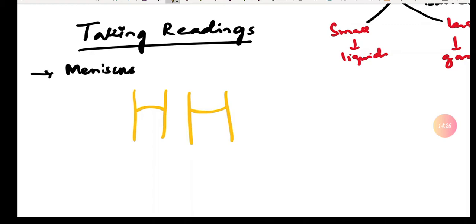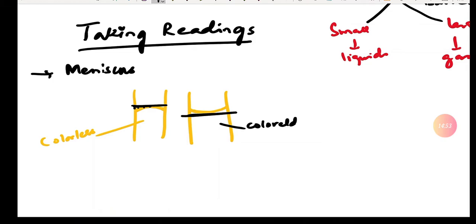It is the specific ability of colorless liquids that they bend outward. So in such a case, the exact reading you have to note is the one touching this top. And for the colored ones, you have to note down this reading.